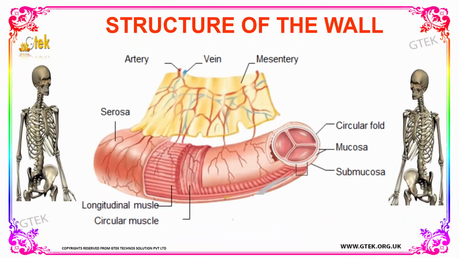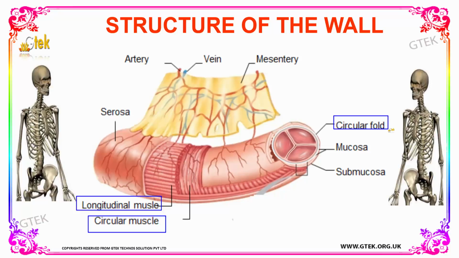Next we are going to see the structure of the wall of the alimentary canal. Your alimentary canal has the artery, veins, serosa. The alimentary canal is lined with serosa, inside which you will have your longitudinal muscle and your circular muscle, which helps in the movement of peristalsis.